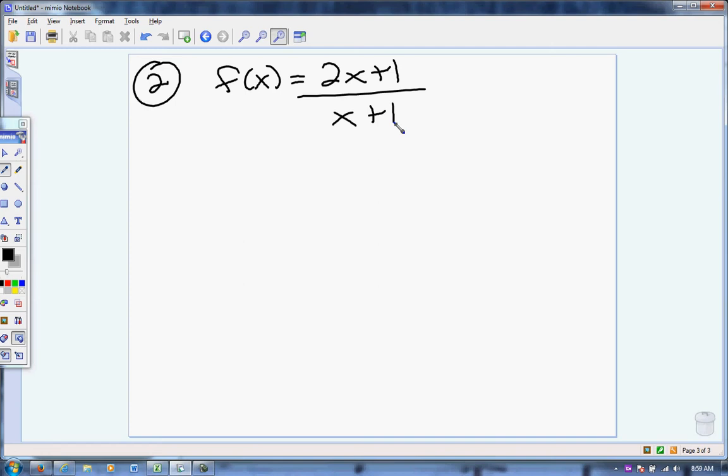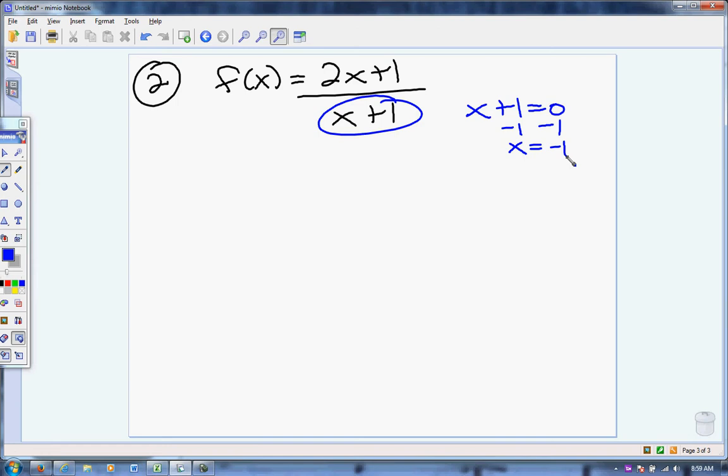Now, on this problem, where do you think our vertical asymptote is going to be? If we look at this denominator and say, okay, where is this thing equal to 0, and I solve it, yes, I bet there will be an asymptote at -1.